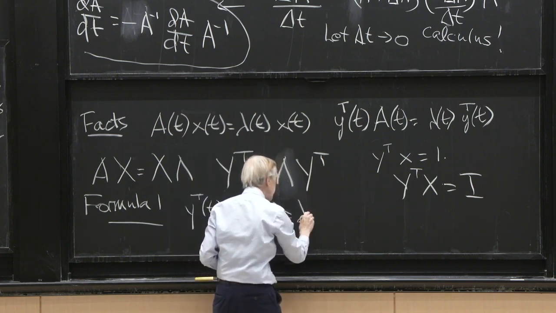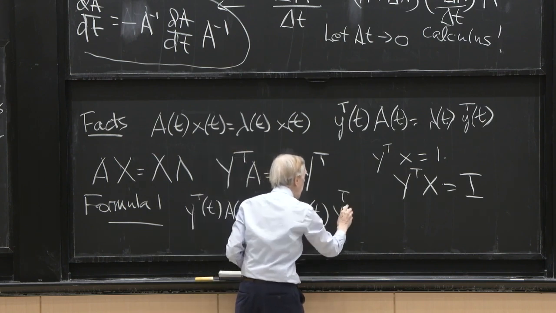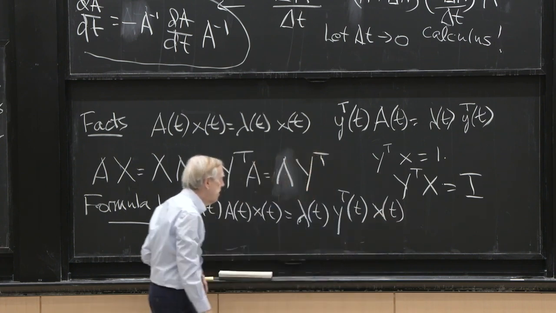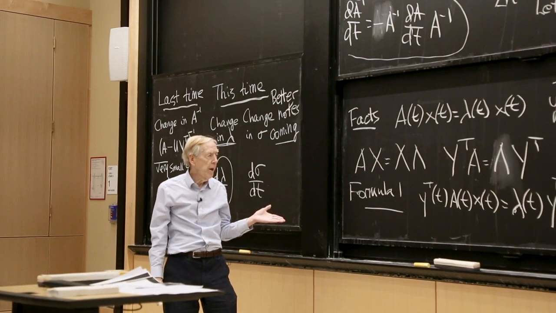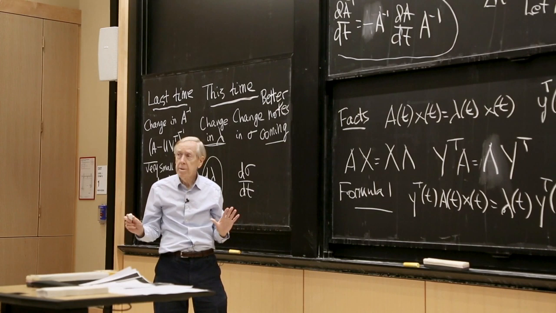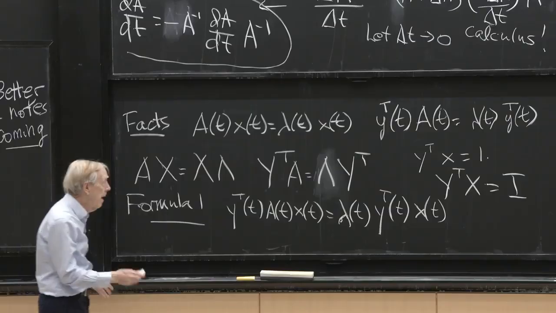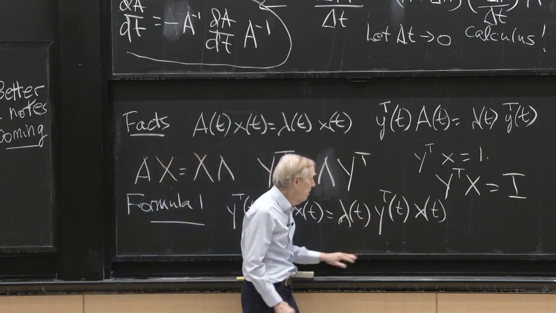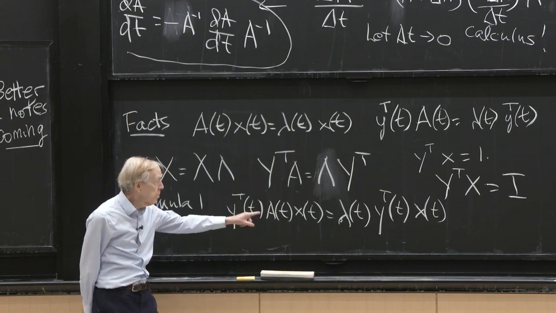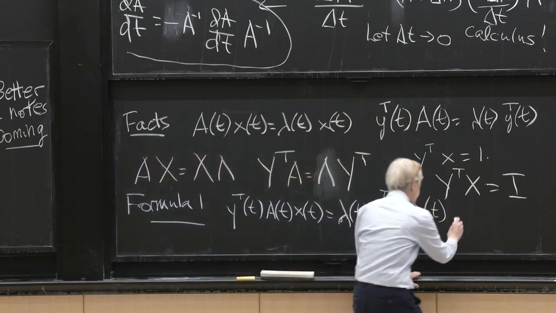That's a number, so I can always bring that out in front of the inner product. Are you good for that? And now I have an improvement to make on this right-hand side. What is Y transpose times X? It's 1. So let's remember that, it's 1.